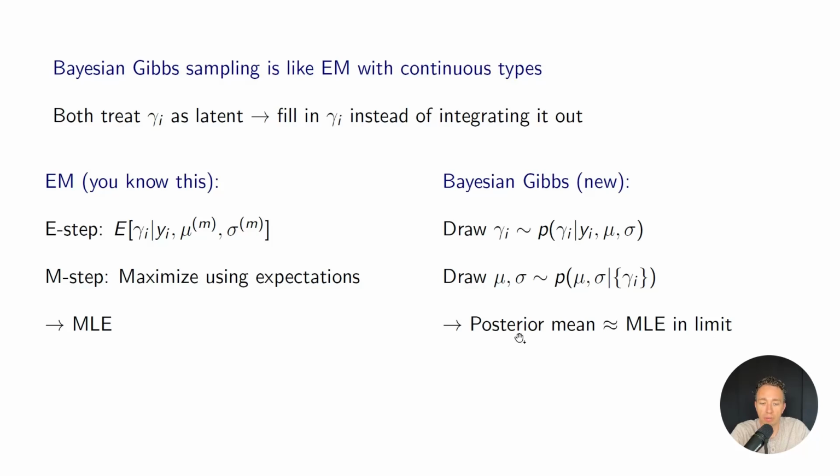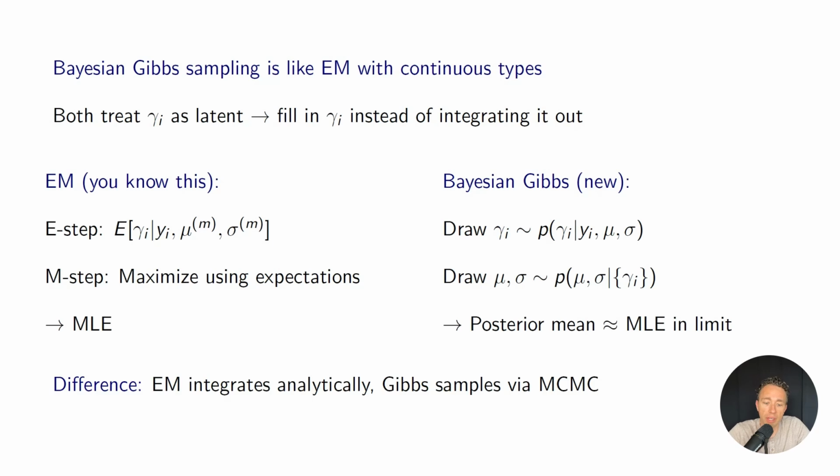So you can think of this Gibbs sampling as a continuous generalization of the EM algorithm that we covered in a prior video. The main idea is that the EM algorithm is going to do the integral analytically through these weighted likelihood components because it's a finite mixture.